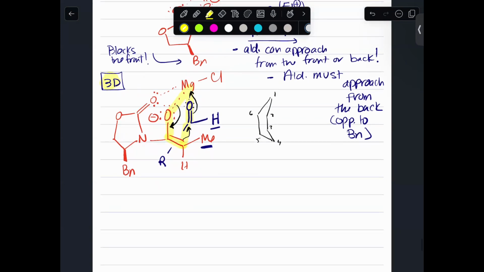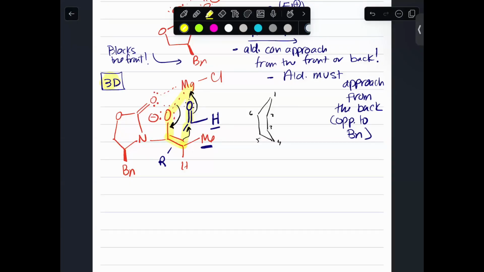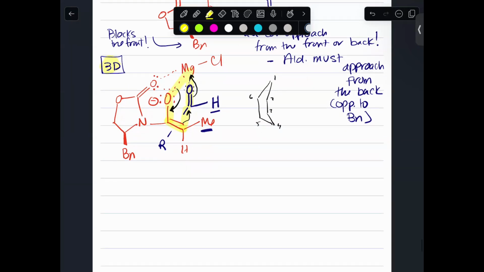Okay. What I'll do is I will try to keep it in boat conformation so that you can see what's happening. What I'll also do is remember, in order to avoid the Evans oxazolidinone taking up so much space, I actually labeled it as an Evans auxiliary, so I'll continue to do that as well.